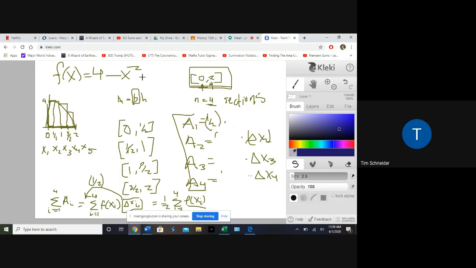Okay, f of 0, we already calculated that. 4 minus 0 is 4. 4 minus a half squared is 4 minus a fourth, in other words, 15 over 4. 4 minus 1 squared is 3. And then 4 minus 3 halves being squared, in other words, 9 fourths. So we have 16 fourths minus 9 fourths, in other words, 7 fourths.